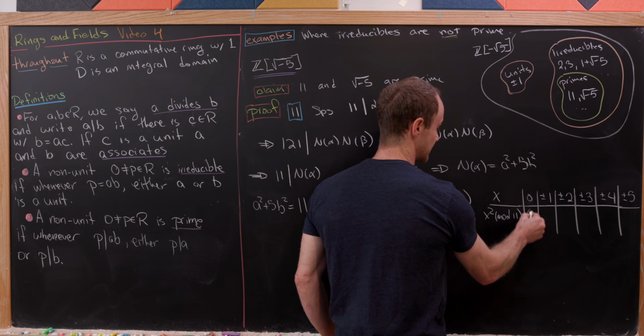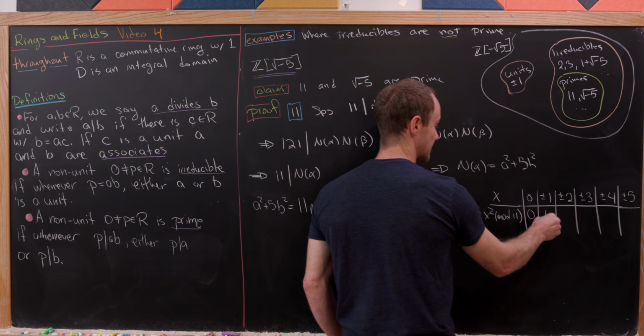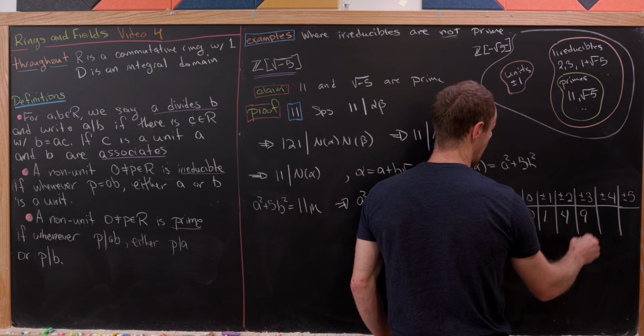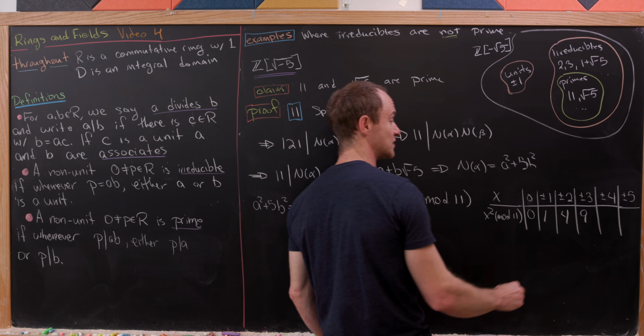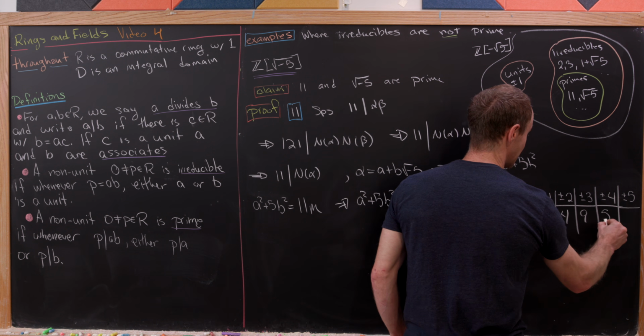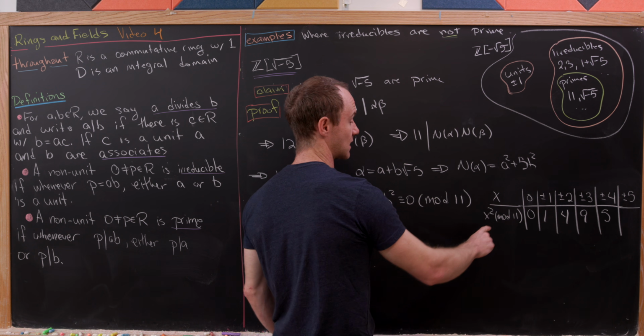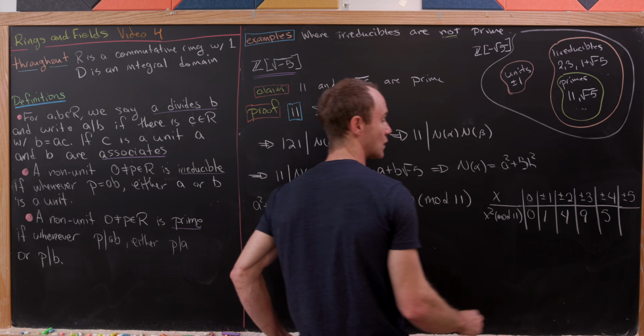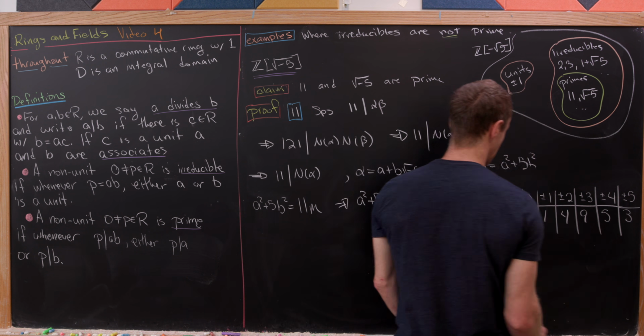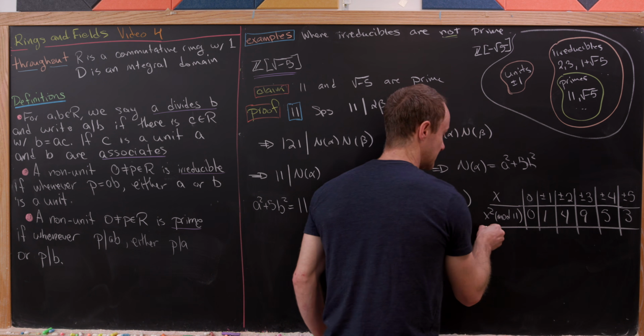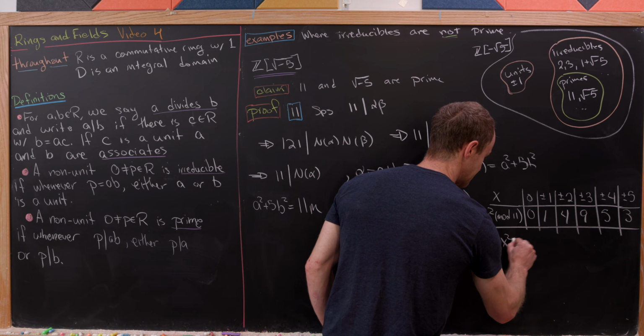Now let's square these. Squaring 0 gives us 0. Squaring 1 gives us 1. 4, 9, 16, which is the number 5 inside of congruence mod 11. And then 25, which is 3 mod 11. Now, let's add to this chart 5 times x squared.